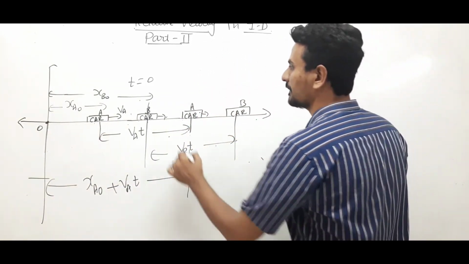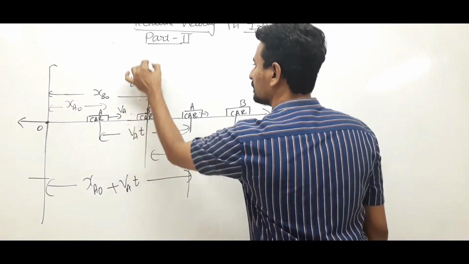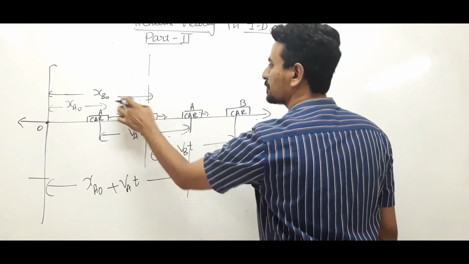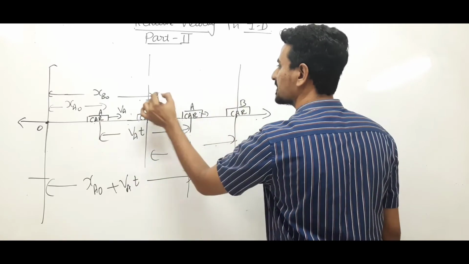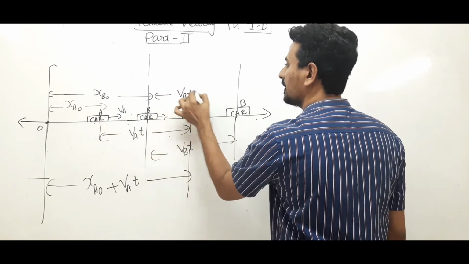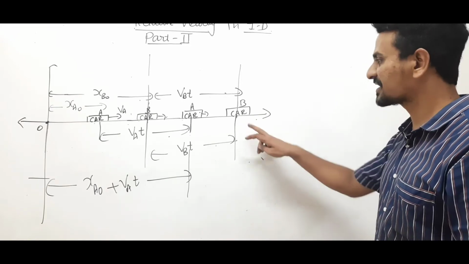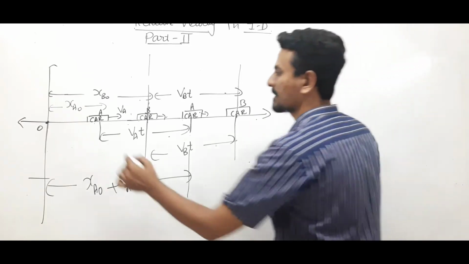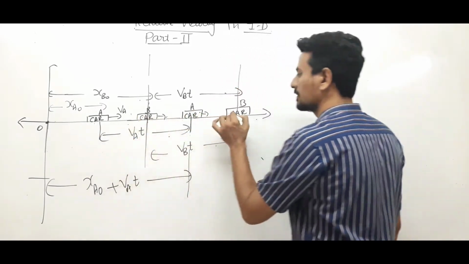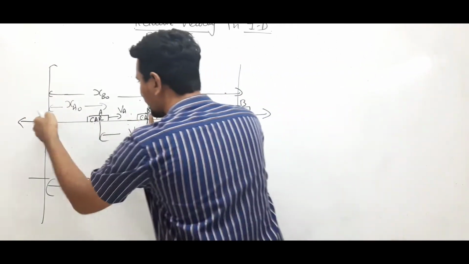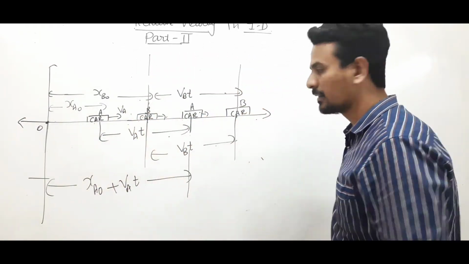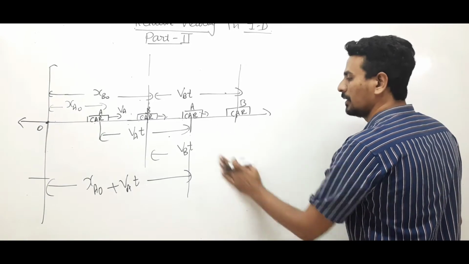Similarly, what will be the position of car B? Car B was at this point xb0 and this is the displacement, so this will be Vb t. Right? So after any time t, the position of car B will be xb0 plus Vb t.